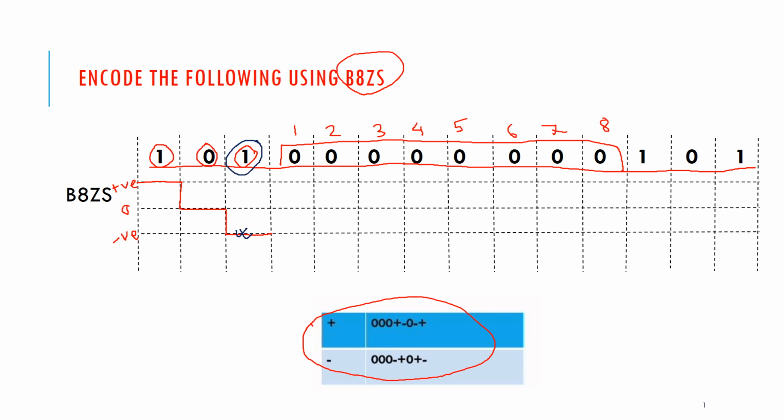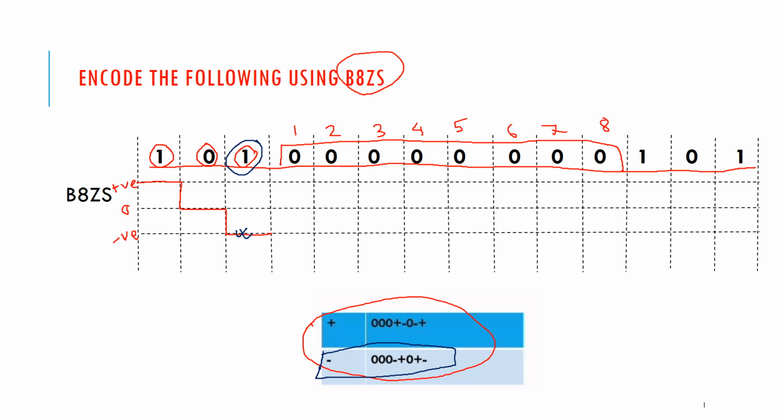So we are going to follow this rule: if the polarity of the one that appeared before the substitution is on the negative, then my substitution is going to be 0, 0, 0, negative, positive, 0, positive, negative.